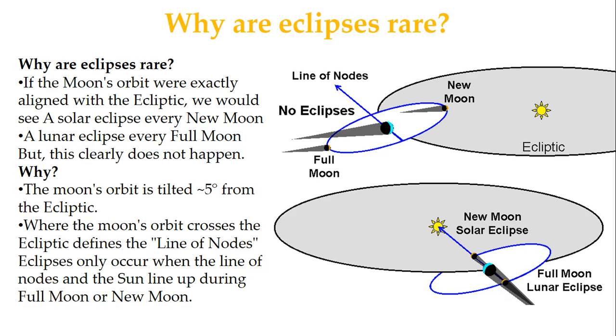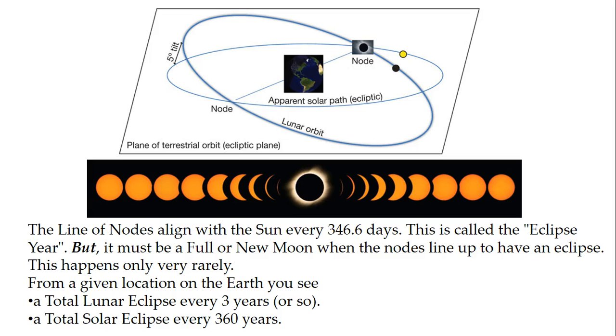To reiterate, if the moon's orbit were exactly aligned with the ecliptic, we would see a solar eclipse every new moon and a lunar eclipse every full moon, but we don't. It's because of the moon's orbital tilt of 5 degrees from the ecliptic, and where the moon's orbit crosses the ecliptic defines the line of nodes. Eclipses can only occur when lined up exactly right there, and this diagram shows it.